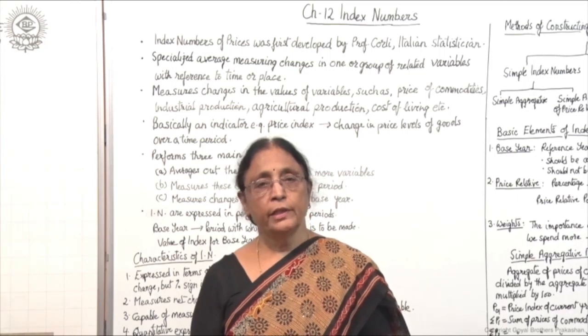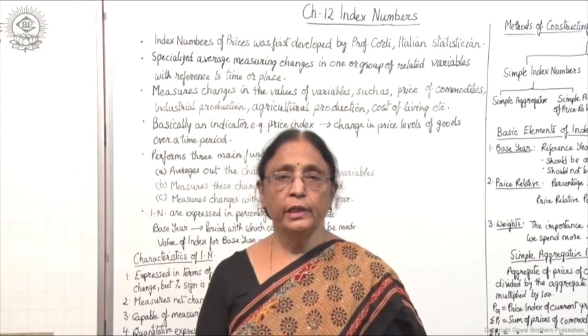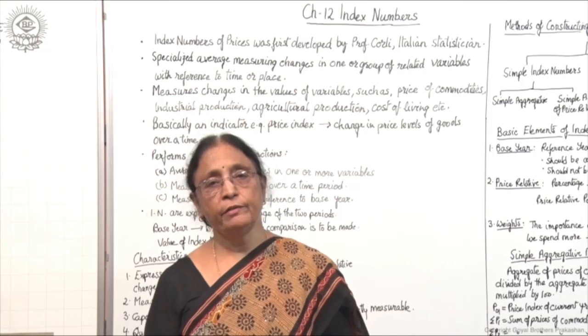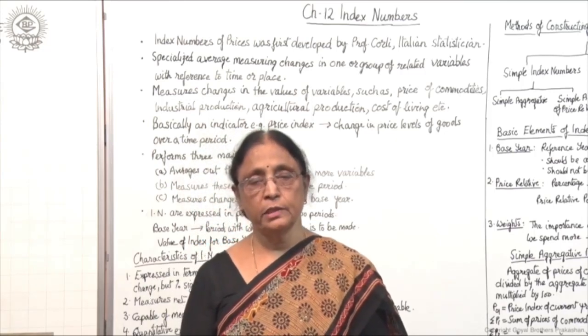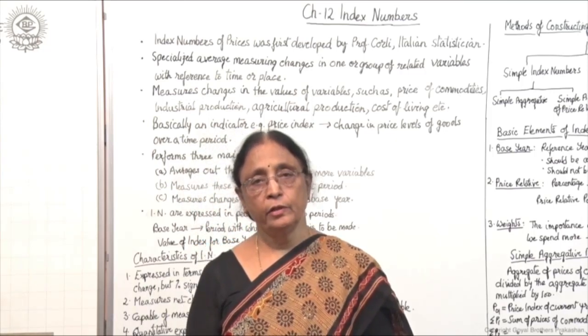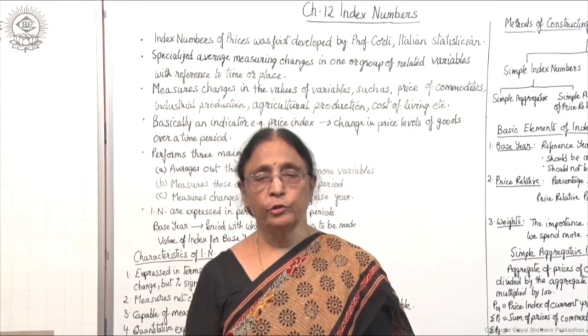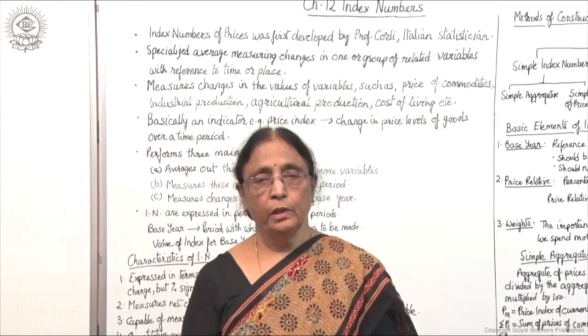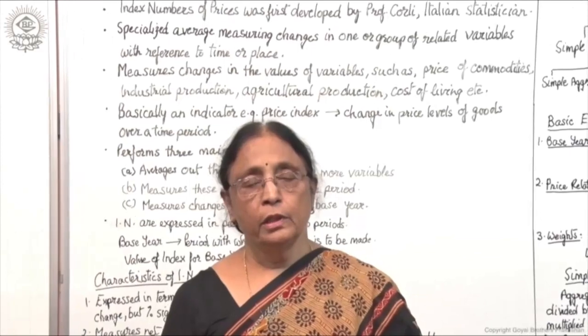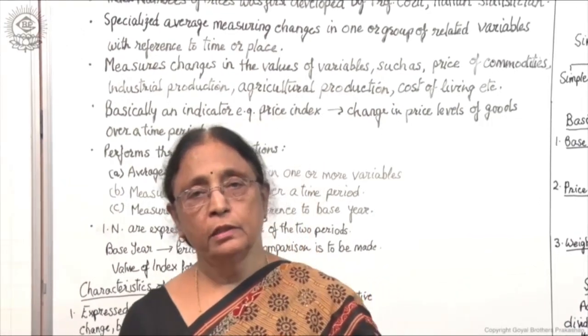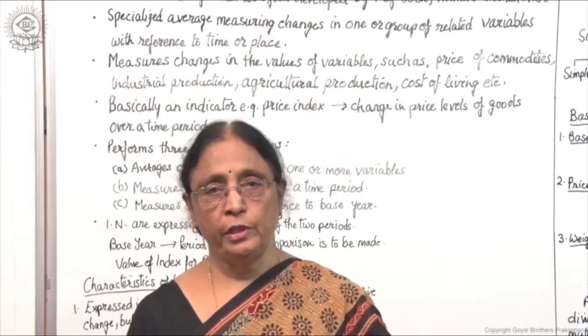That means index numbers measure the relative change in prices and other related variables over a particular period of time. For example, you must have seen that prices keep on changing.